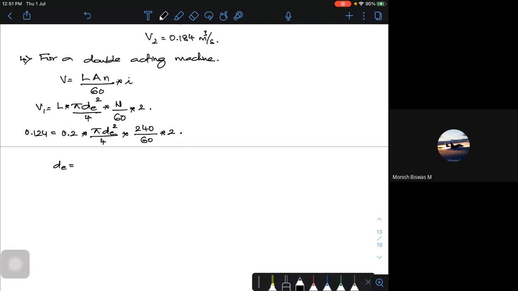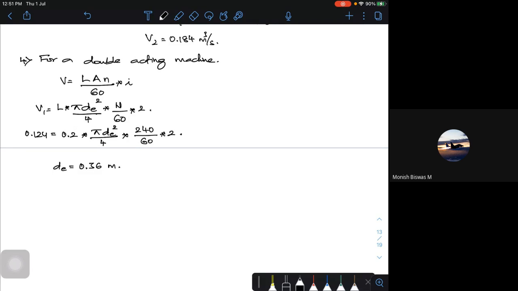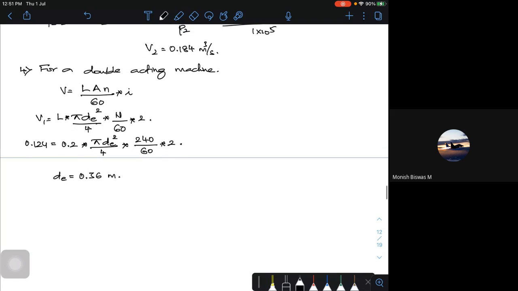So I'll be getting my expander diameter dE. How much am I getting? So just cross check: 0.124 into 4 into 60, divided by 0.2 into pi into 240 into 2, square root of it.